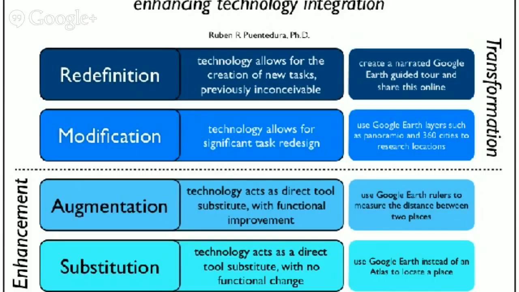In the modification stage, again, technology allows for significant task redesign, and we can use Google Earth and use a panorama with 360 cities to research locations in the example. And then finally, we redefine technology because it allows for the creation of new tasks that we previously had never conceived. So those are the steps in the SAMR model, which we can work our ways through.